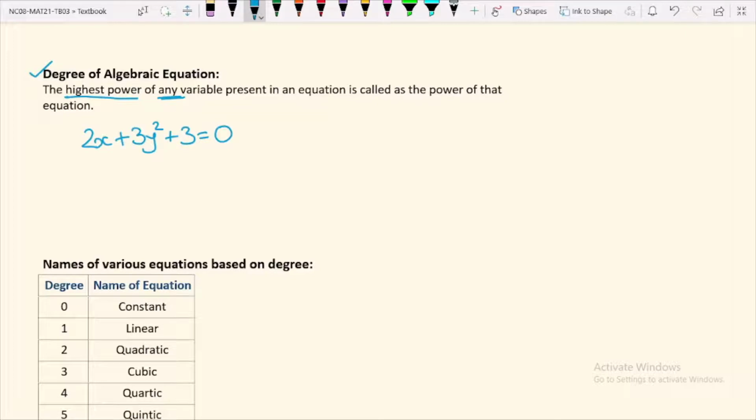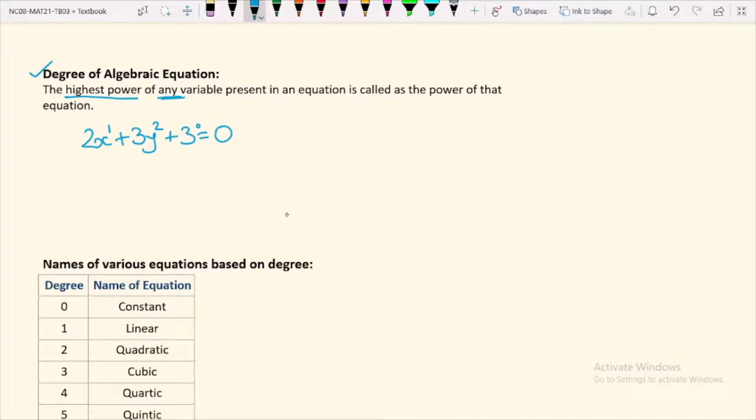In this equation, the power of x is 1, the power of y is 2, and the power of 3 is nothing but 0, because there is no variable beside 3. If there is no variable, the power is 0. If there was x beside 3, then the power would have been 1. But 3 has no variable beside it, so it has a power of 0.